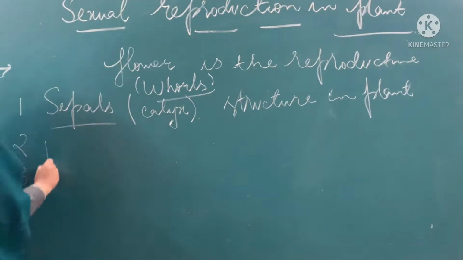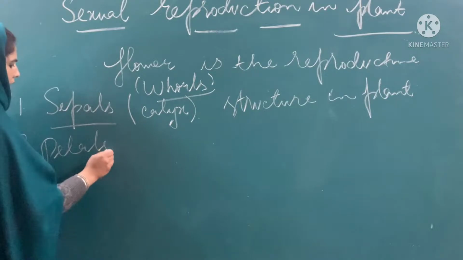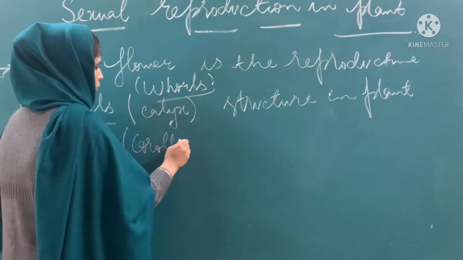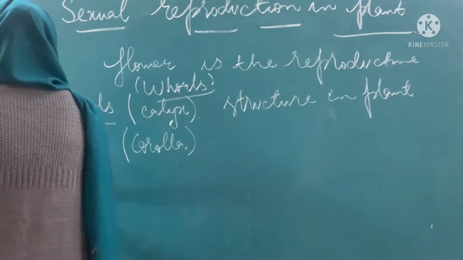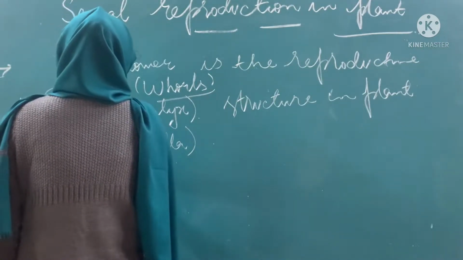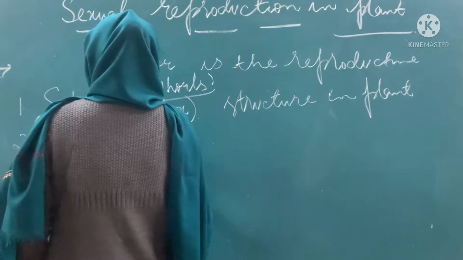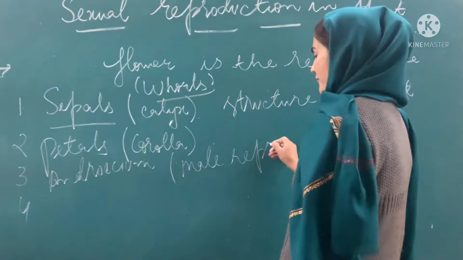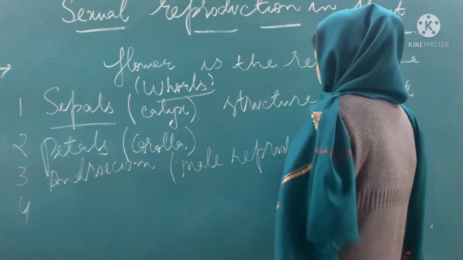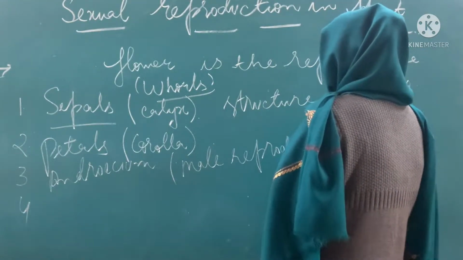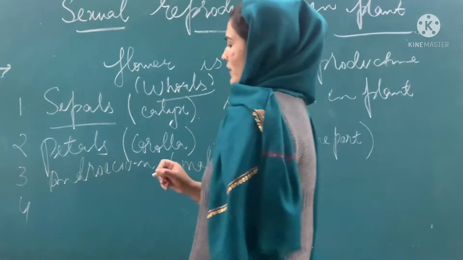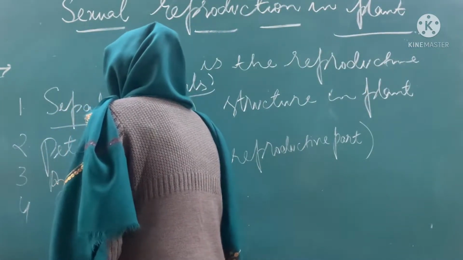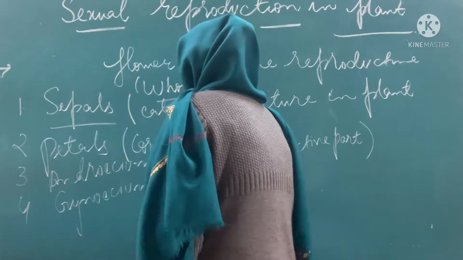And then we have petals. In the same way, there is an alternate term for this, which is known as the corolla. And then we have androecium. Androecium is the male reproductive part of a flower. And the fourth one is gynoecium, which is the female reproductive part of a flower.